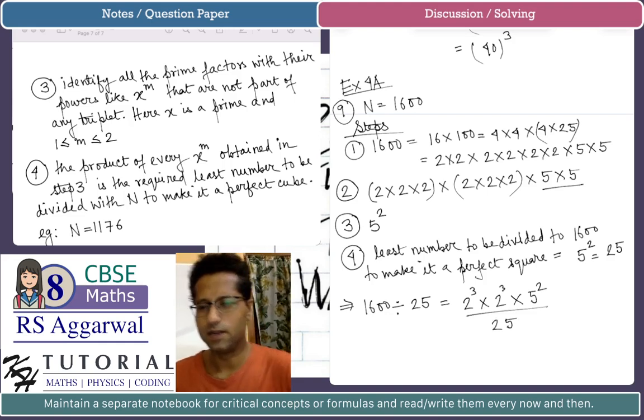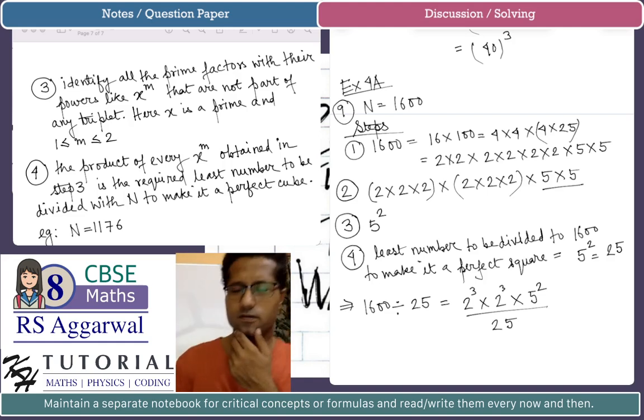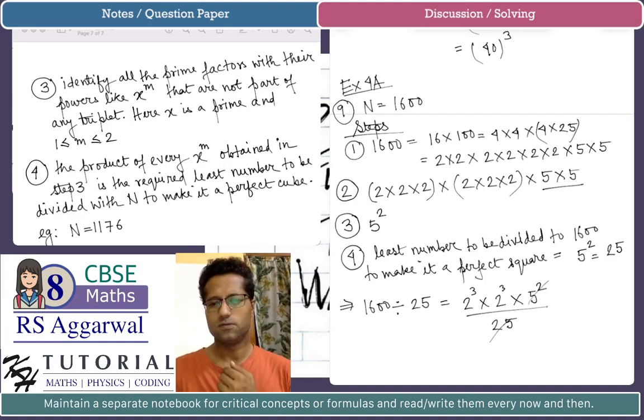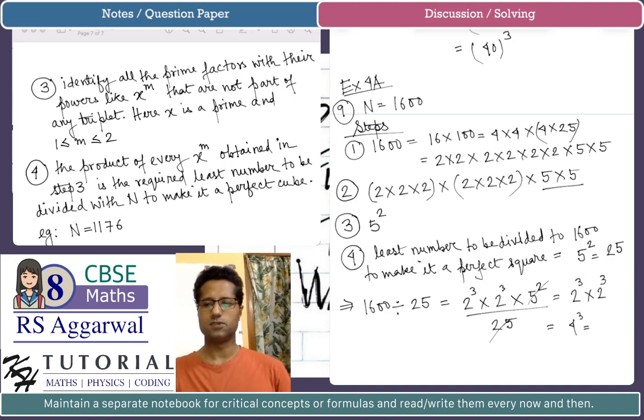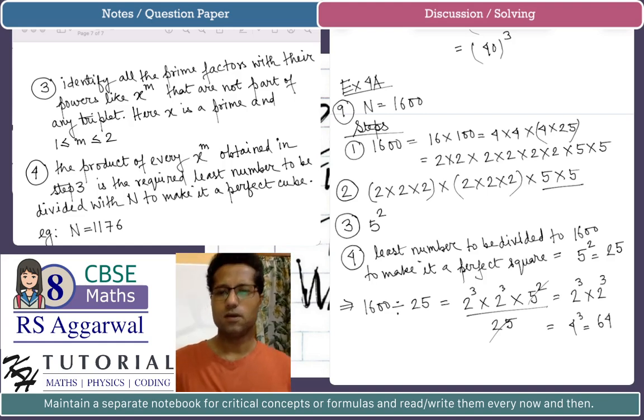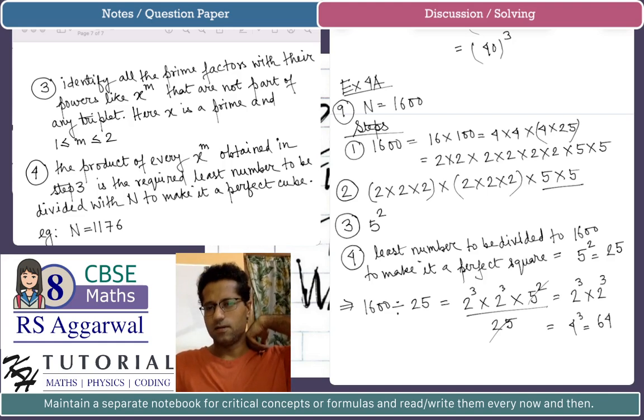So basically we are eliminating the factor 5 square. So this is 2 cube multiplied by 2 cube. This is equal to 4 cube. This is equal to 64. 64 will be the number when 1600 is divided by the least number to make it a perfect cube.